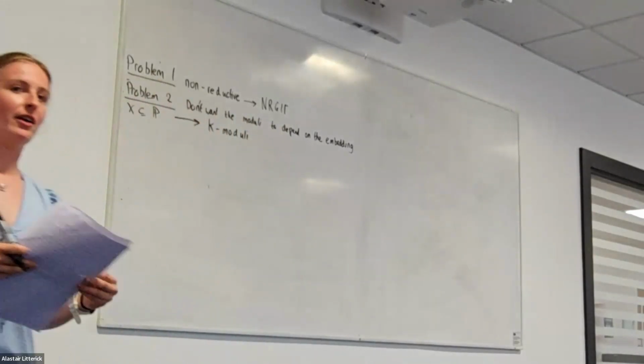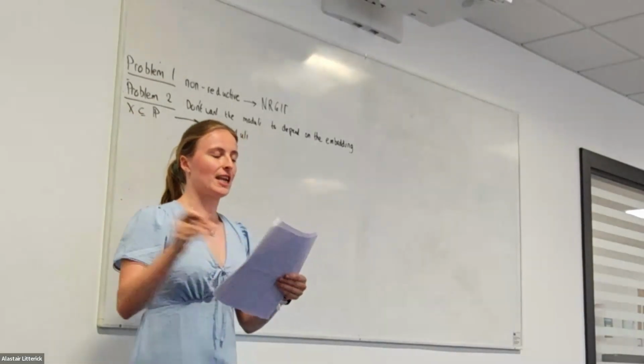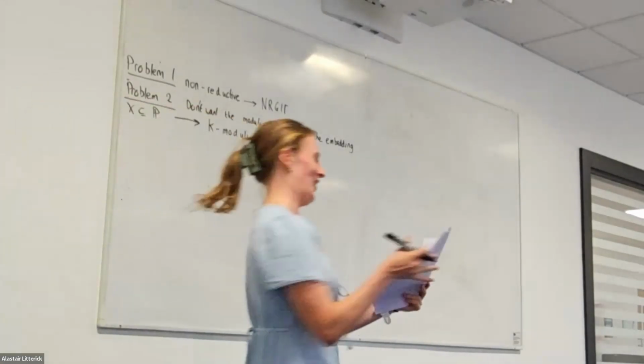I'm not going to give a full definition of the K-moduli. Instead, I'm just going to give you a brief idea of what you can think of it as being like.